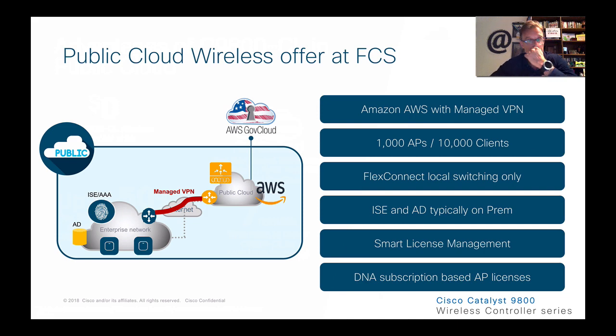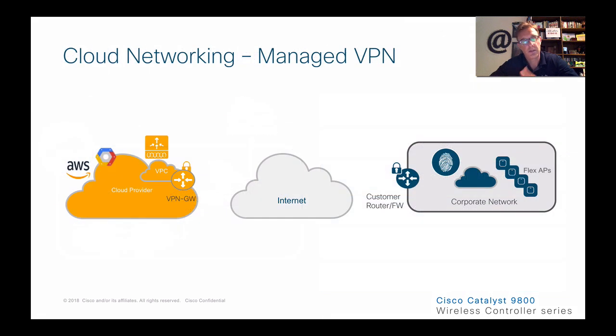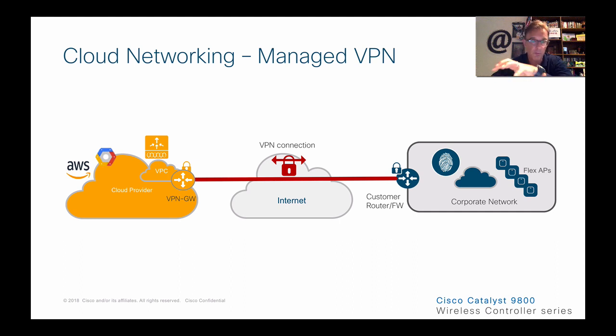So what does Managed VPN mean? It's very simple. Basically, in this model, your virtual private cloud, your VPC, your network in the cloud, represents an extension of your corporate network. So you build from your on-prem router or firewall a VPN connection to the Amazon cloud, terminating to a VPN gateway.